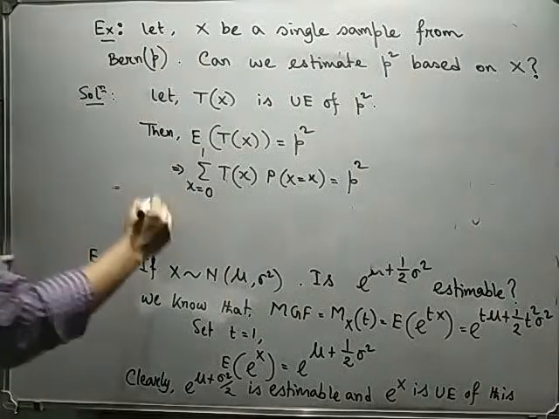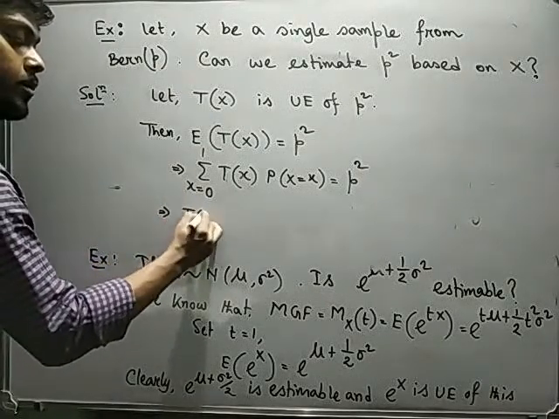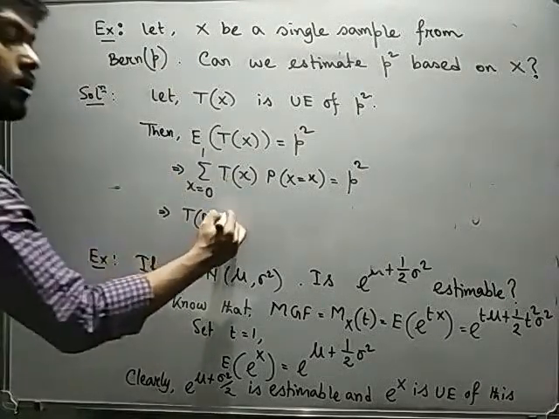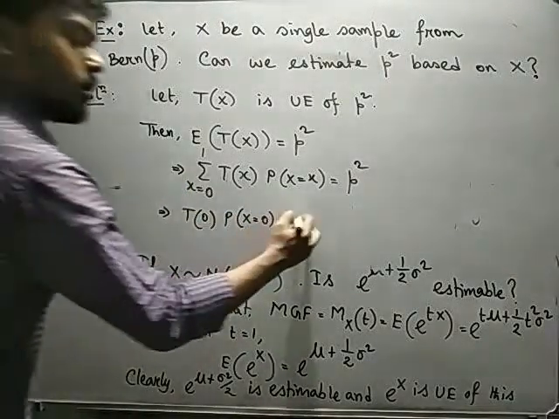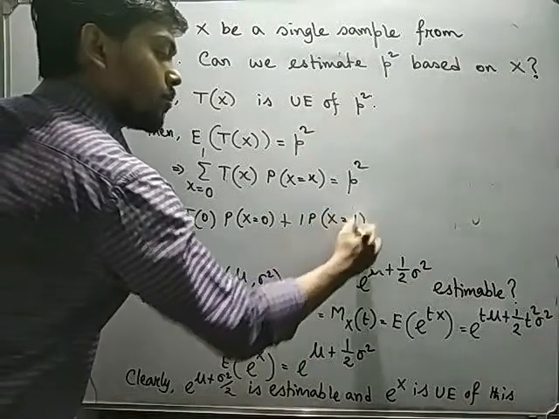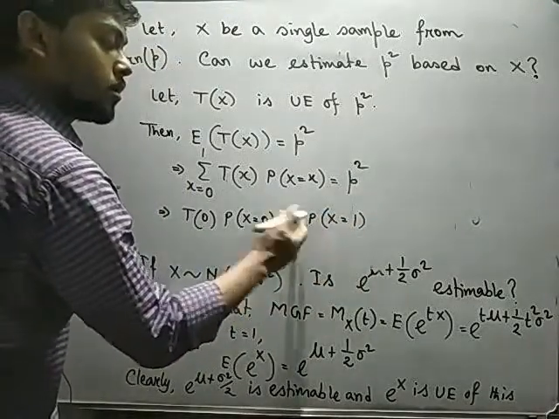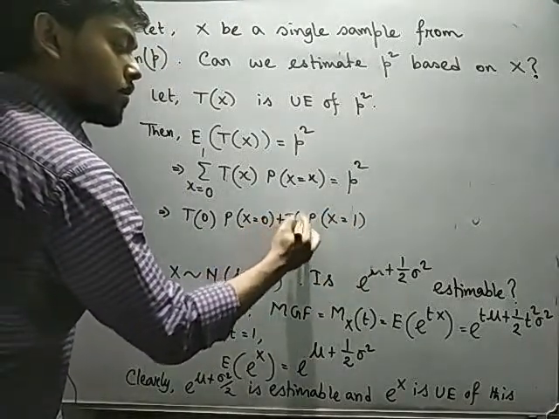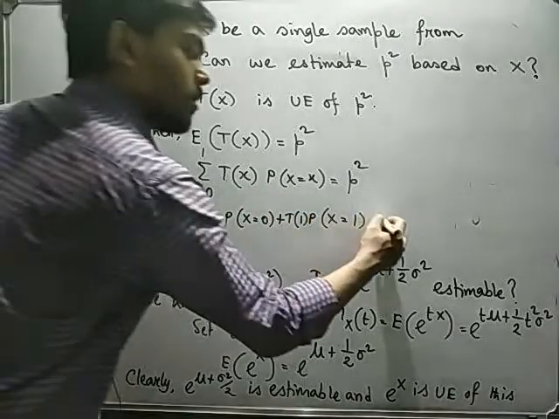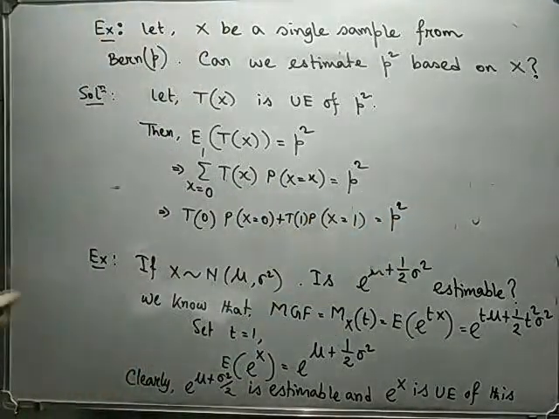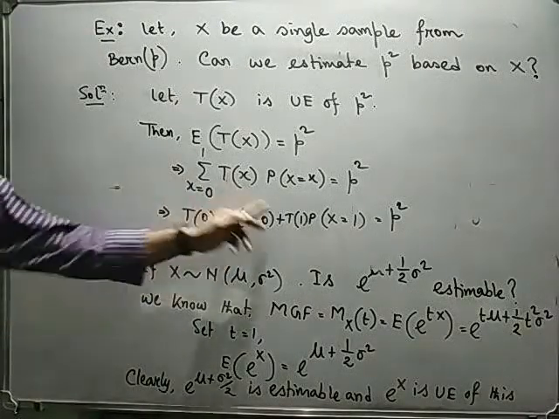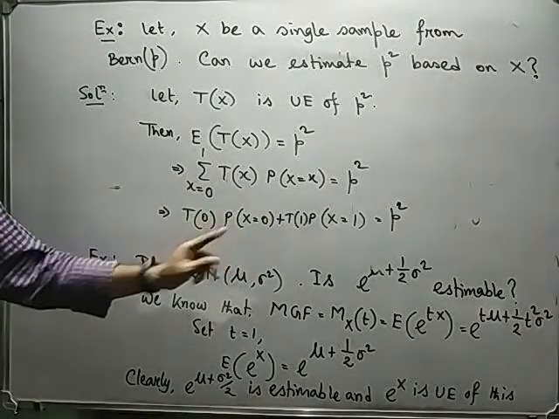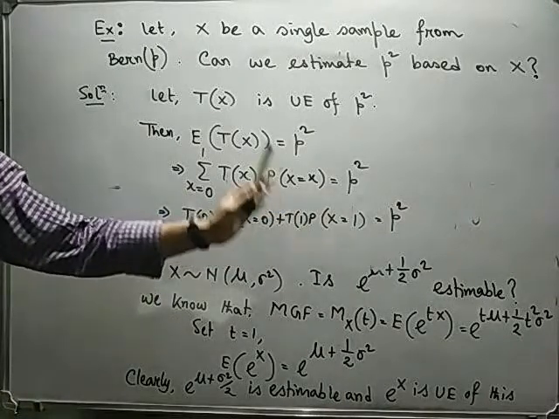Now if we write this out, we place the value 0: T of 0 into the probability of X equal to 0, plus T of 1 into the probability of X equal to 1, is exactly equal to P square. Now you all know that in Bernoulli, the probability of X equal to 0 is 1 minus p, and the probability of X equal to 1 is basically p.